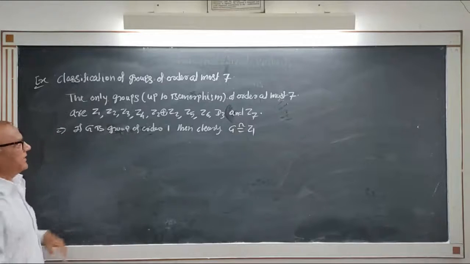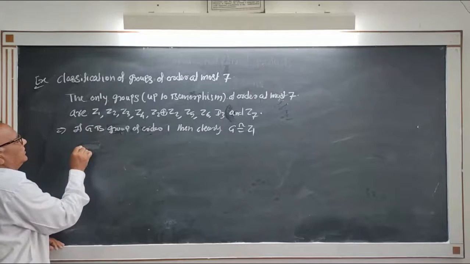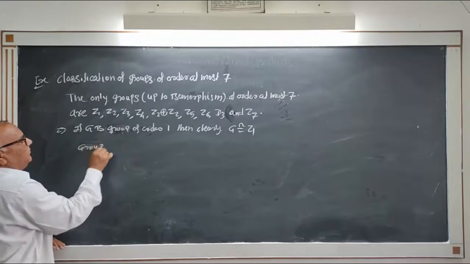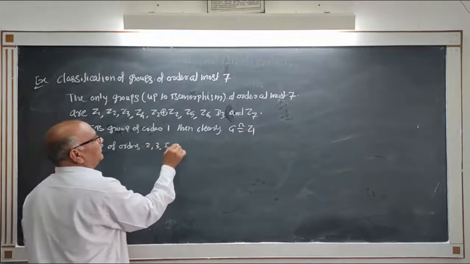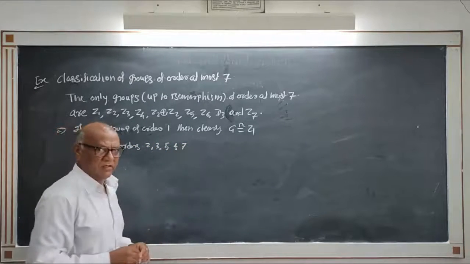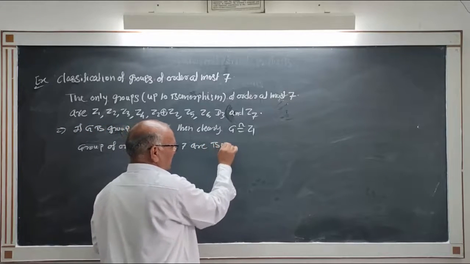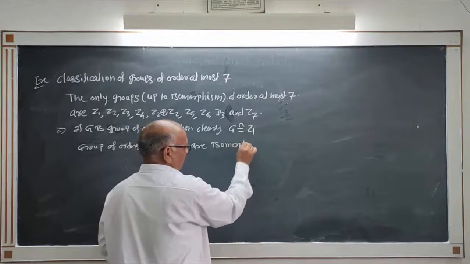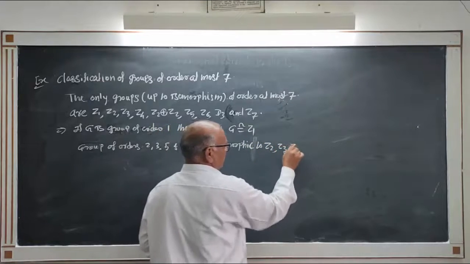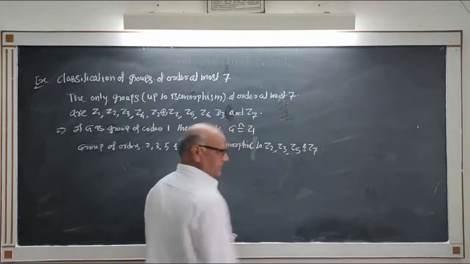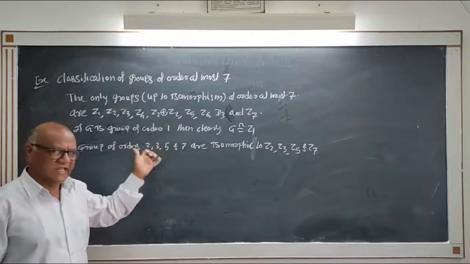Now groups of orders 2, 3, 5 and 7 are isomorphic to Z2, Z3, Z5 and Z7, because a group of prime order is cyclic.